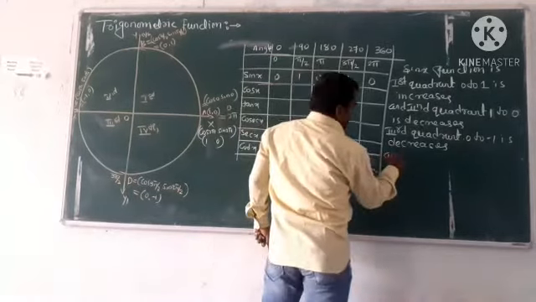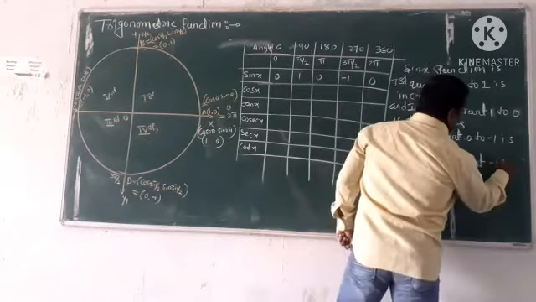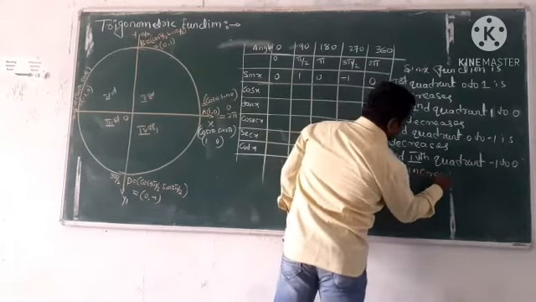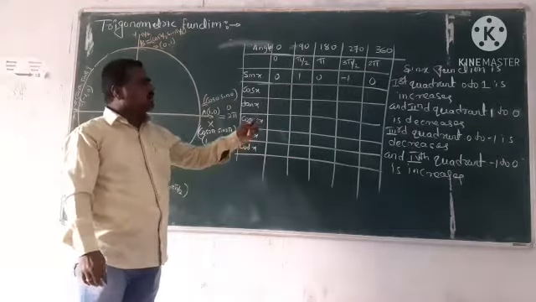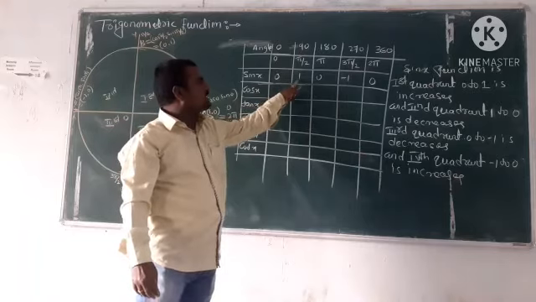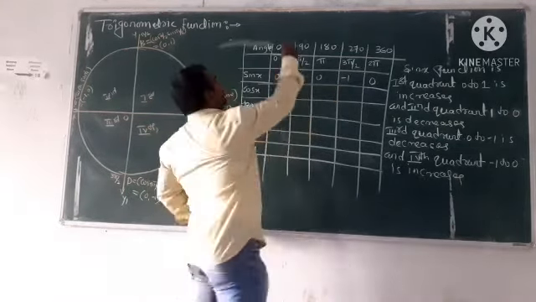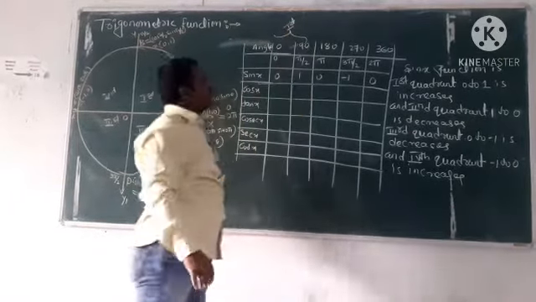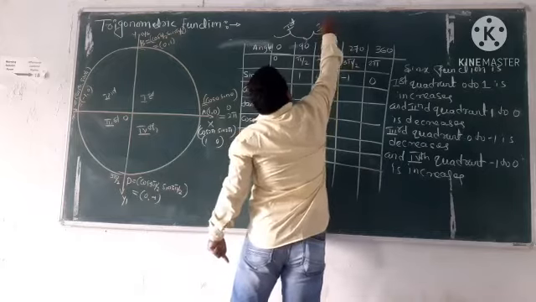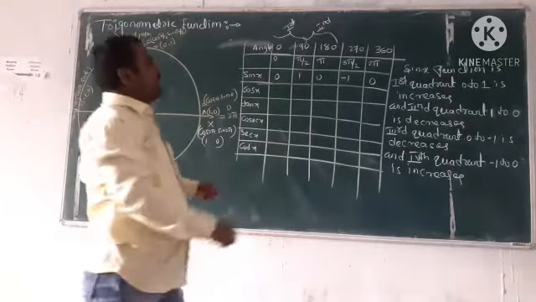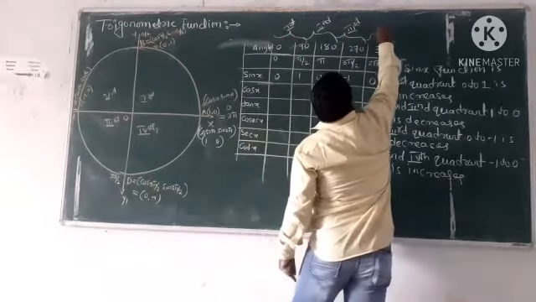And lastly the fourth quadrant: minus 1 to 0 is an increase. So for the sin function: first quadrant increases, second decreases, third decreases, fourth increases. 0 to pi by 2 is the first quadrant, pi by 2 to pi the second, pi to 3 pi by 2 the third, and 3 pi by 2 to 2 pi the fourth, completing one rotation.